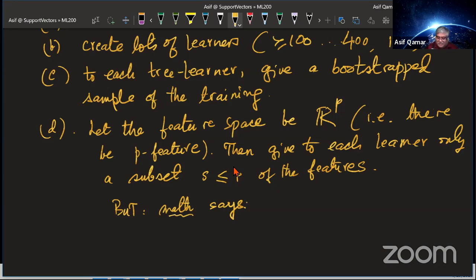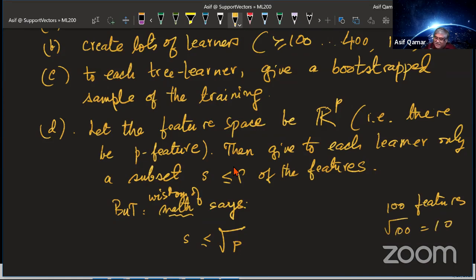Just say that the wisdom of math says S should be less than actually the square root of P. So for example, if there are 100 features, what is the square root of 100? 10. So take only 10 of the features.